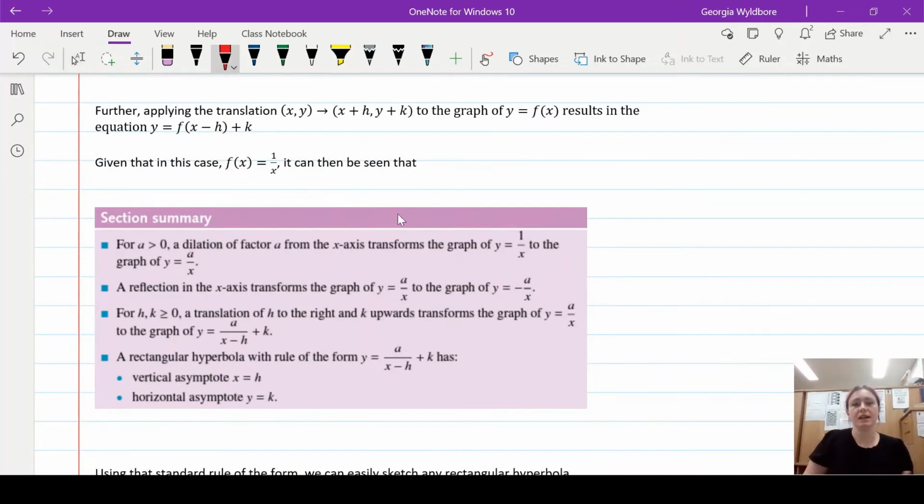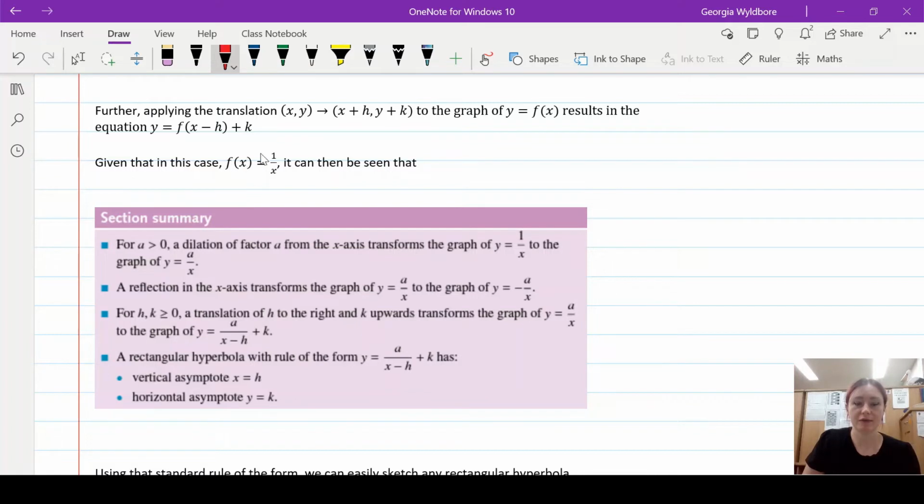So effectively, we're saying that if we have the point x, y and we move it h units in the x direction, k units on the y-axis, we apply that to y equals f of x, we end up with y equals f of x minus h plus k.